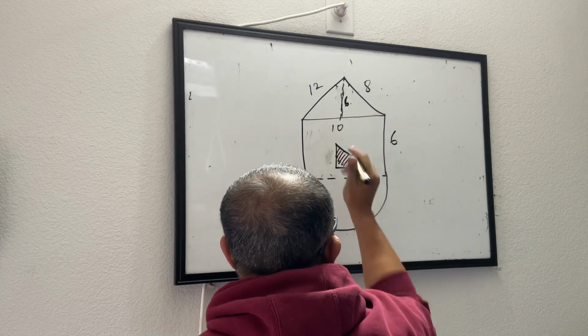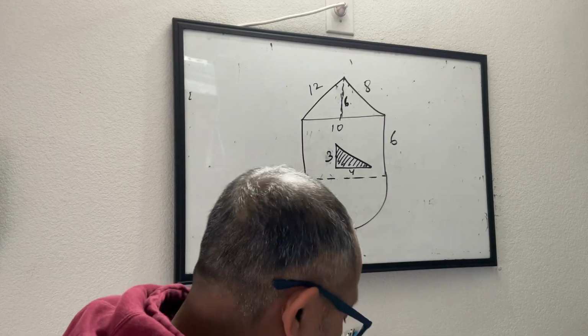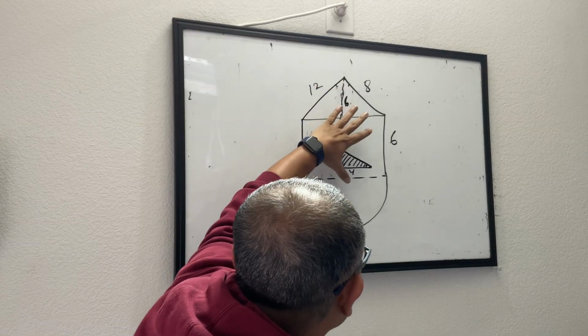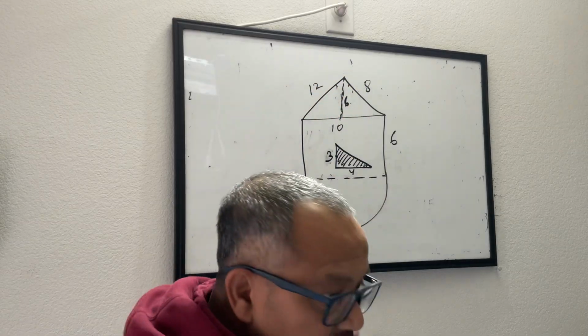Let me change some dimensions, otherwise it might confuse. So what you see is a triangle at the top, then a rectangle, and then a semicircle, all combined together to make this shape.